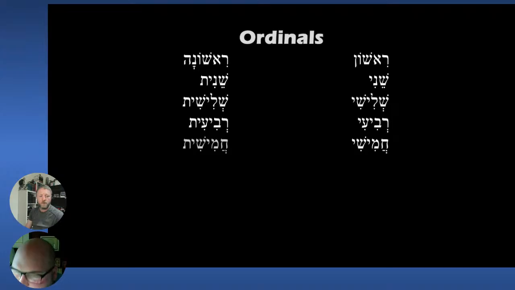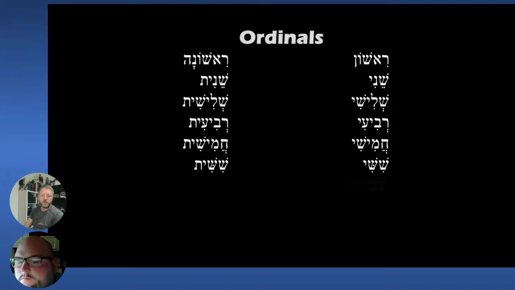Chamishi, Chamishit. Shishi, Shishit. All of these numbers, except for Rishon, are in the first chapter of the book of Genesis. Because instead of Rishon, it says Yom Echad. And then after that, it says Yom Shini, Yom Shlishi, Yom Revi'i, Yom Chamishi, Yom Shishi, and then Shabbat.